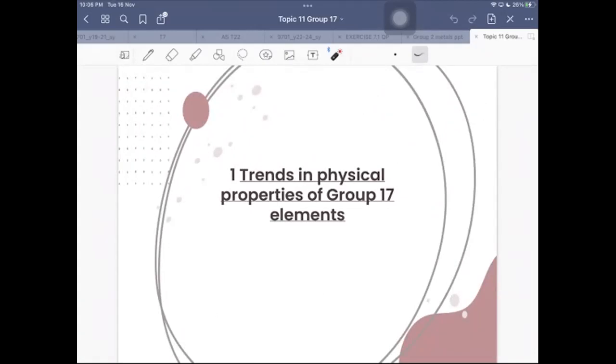Now, this topic is quite similar to the previous one, which is topic number 10, which covers group 2. They are mostly descriptive. No calculation. You have to memorize the trend, the equation, and the observation, and they're quite self-explanatory, which means that you should be able to understand them just by reading them, okay?